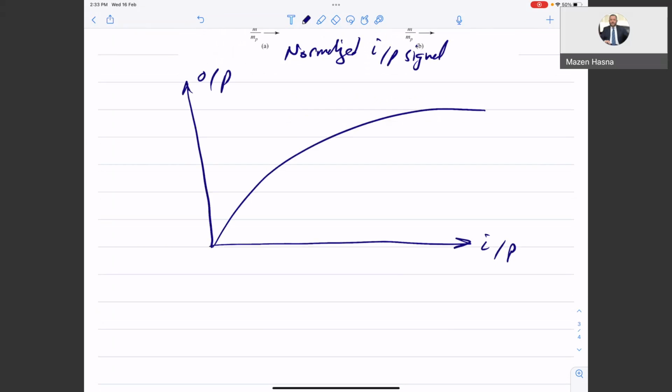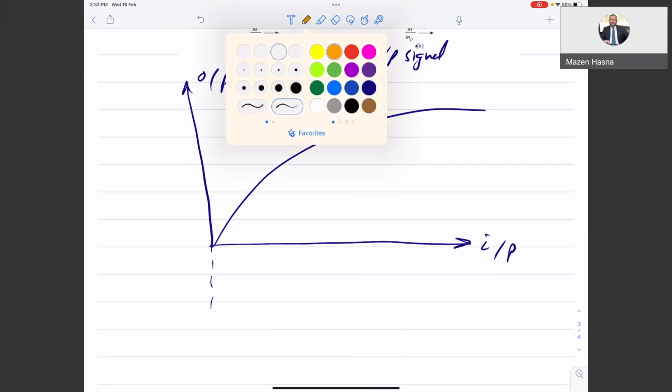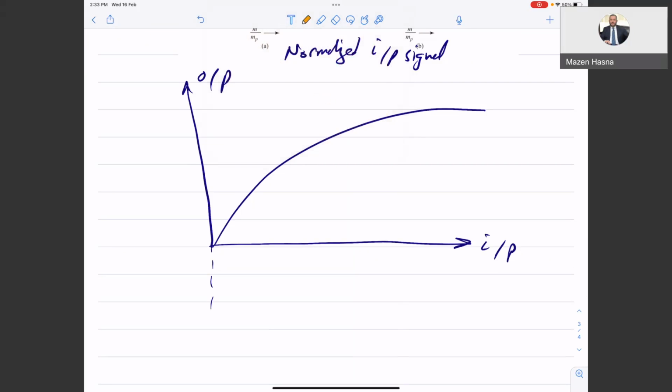If your signal is small, let's assume that this is the input signal. Okay, this is your input signal. What's your output signal? Let's do it here.